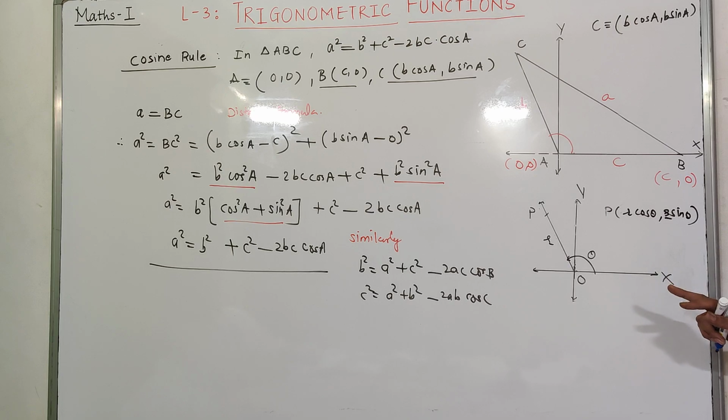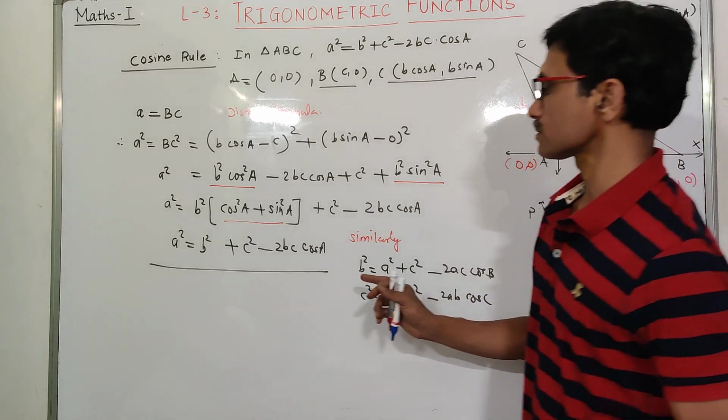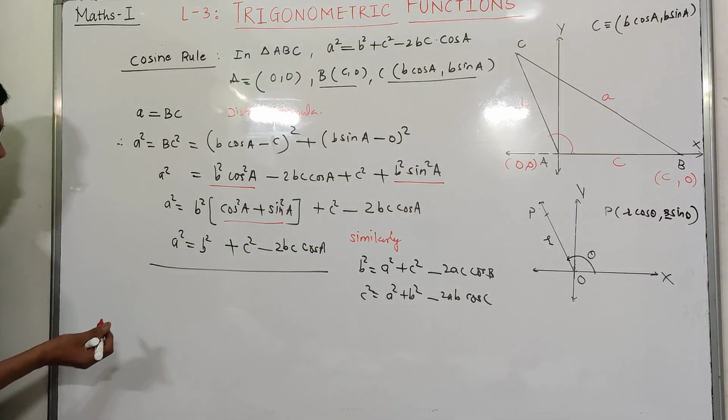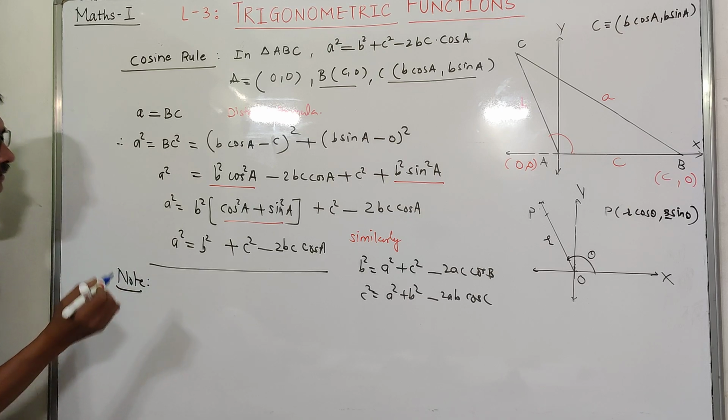So we can write this cosine rule in a different form also. What different form can we write?